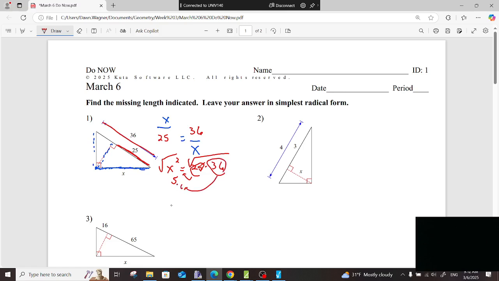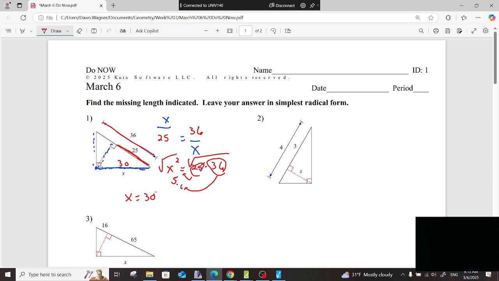So what is 5 times 6? 30. So x is equal to 30. And normally it would be plus or minus 30 if it wasn't for it being geometry, because geometry doesn't use negative length. I can't have a negative length.